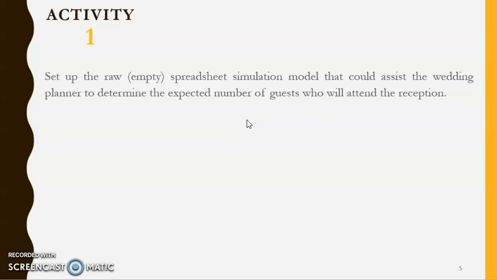Of course, for example, one part is about the number of simulations. What are the things that we want to simulate? We are going to simulate this event in terms of the number of attendees 1,000 times, and we will calculate the average to see the number of guests that we should expect in this problem.